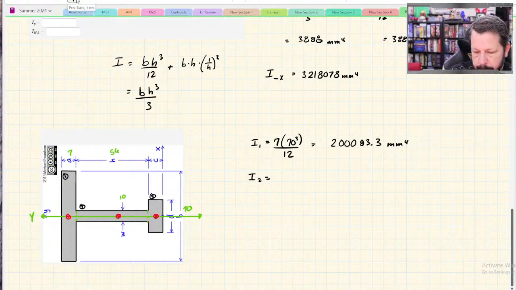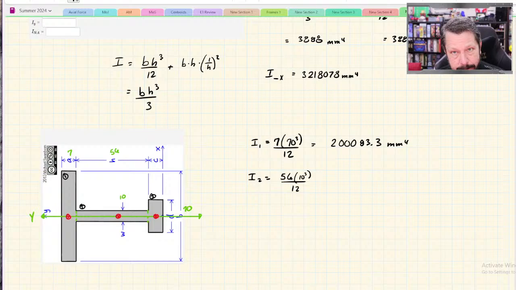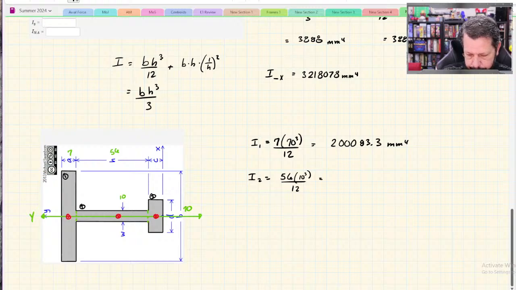So B is the 56, H is the 10 cubed over 12. I don't need the parallel axis theorem because the centroid of this part is on my reference axis, so I don't need to move it anywhere. I get 46.7.